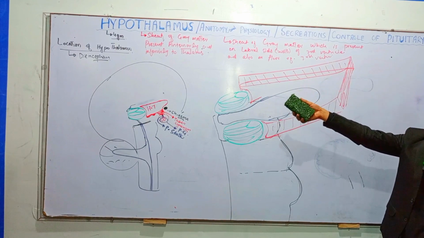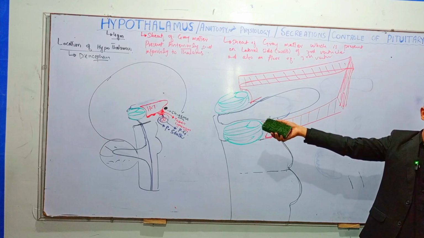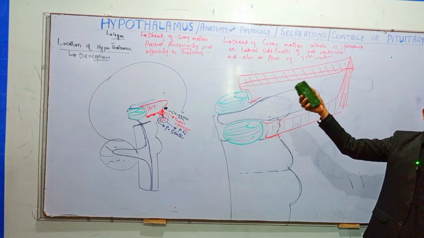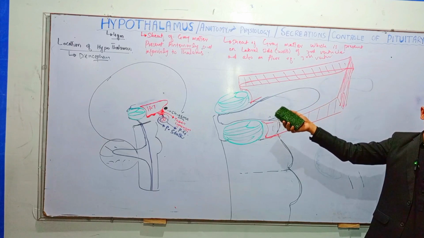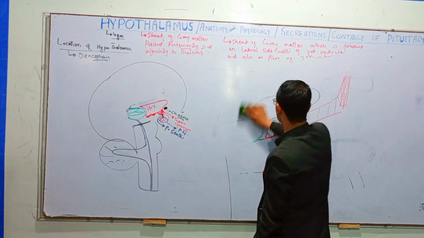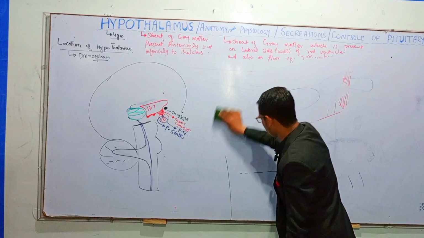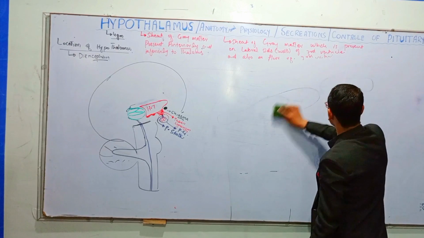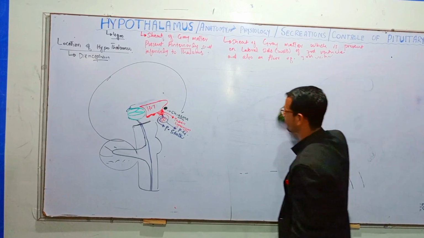It is present in diencephalon, right? It is the part of limbic system, and mainly three functions are performed by this hypothalamus. What are those functions? Now you will learn.